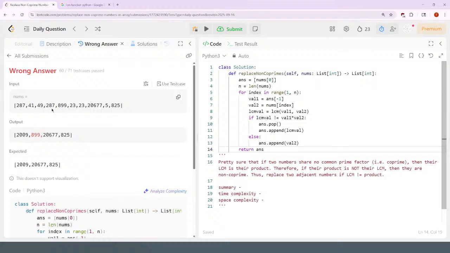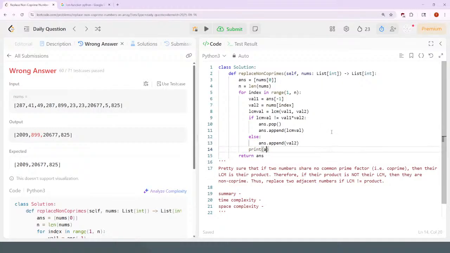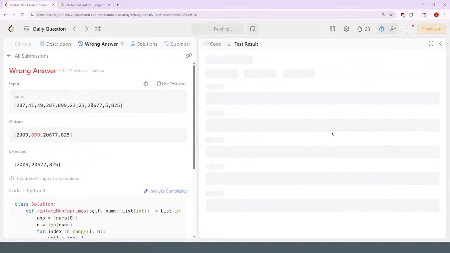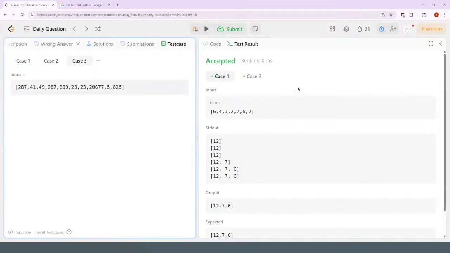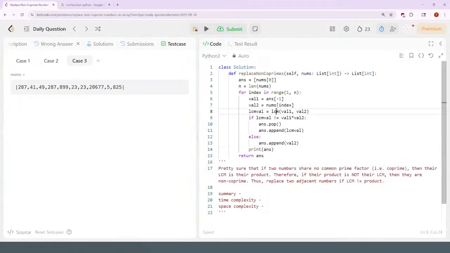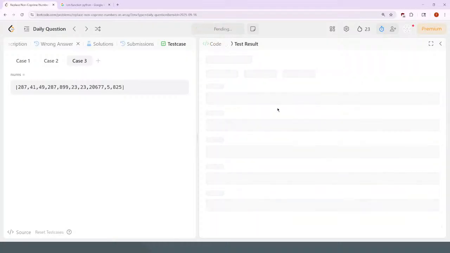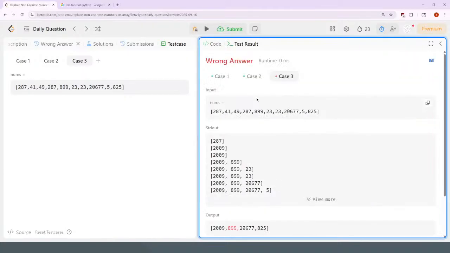Okay, what's going on here? Let me print the answer each pass.